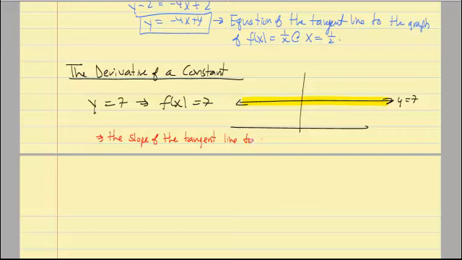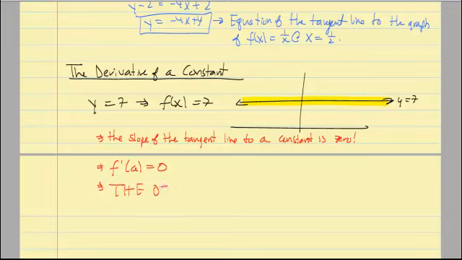So the slope of the tangent line to a constant is 0. Okay, so what does that mean? This means that f prime at any value is going to equal 0 if f of x is a constant function, or if f of x is a constant. So the derivative of a constant is 0.